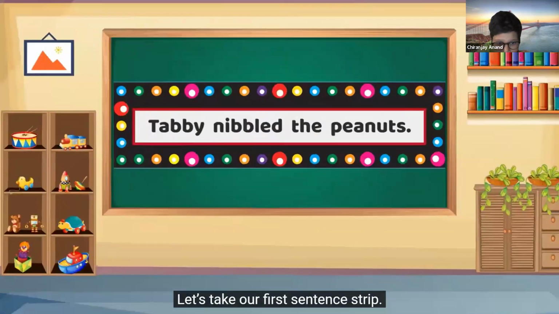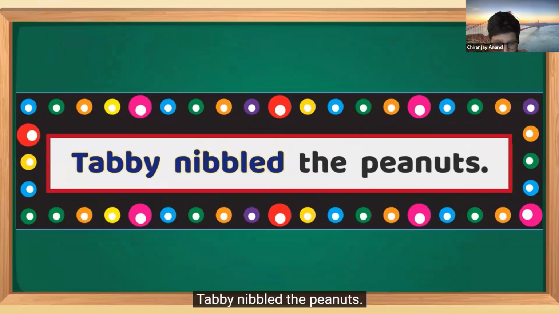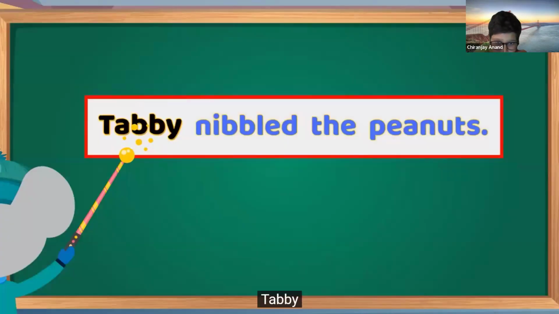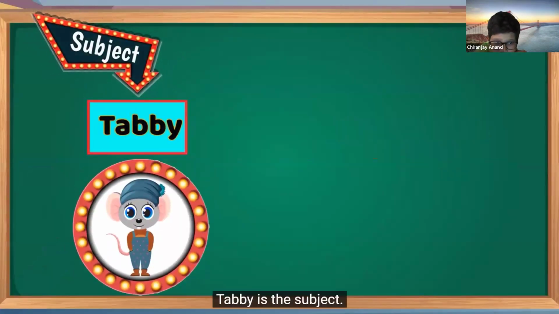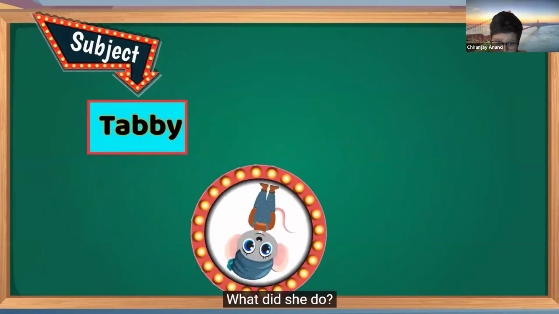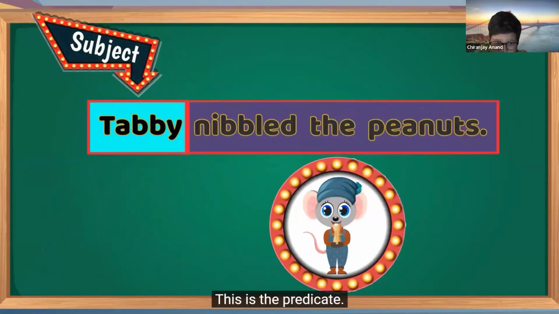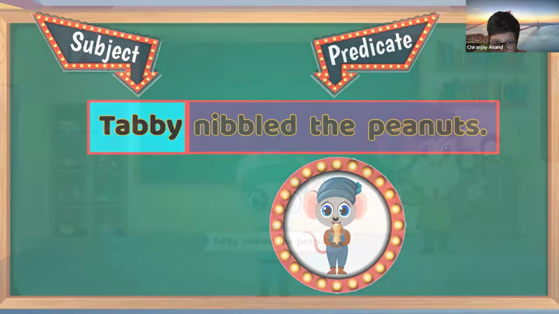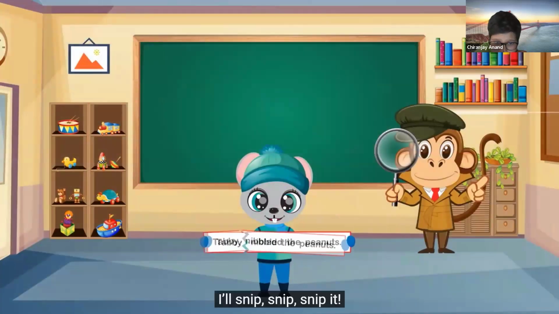Let's take our first sentence strip. Tabby nibbled the peanuts. Who is the doer here? Tabby. Tabby is the subject. This sentence is about her. What did she do? Nibbled the peanuts. This is the predicate. It tells us what Tabby did. I'll snip, snip, snip it.